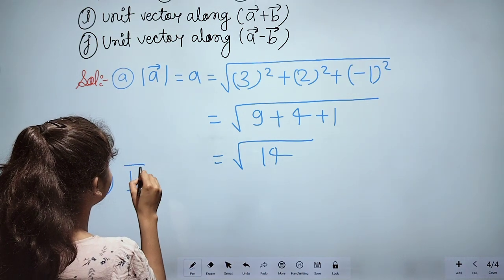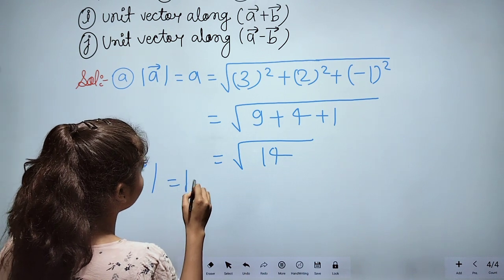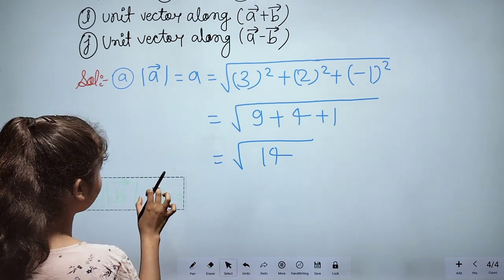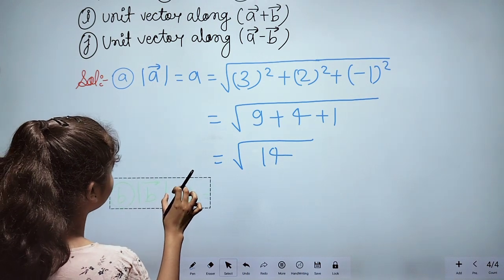And then we have to find the magnitude of B vector. It is the same as the first question.